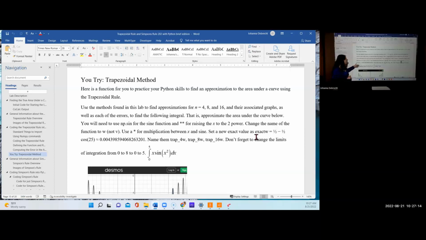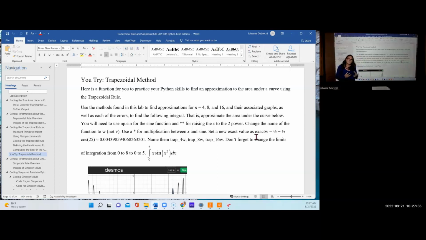Remember, you need that in there. np.cos of 25, which is approximately this number right here. That is the true value of the integral of x sine of x squared between 0 and 5. Now, again, I'm using functions for which we know the exact value, so we can estimate the error.